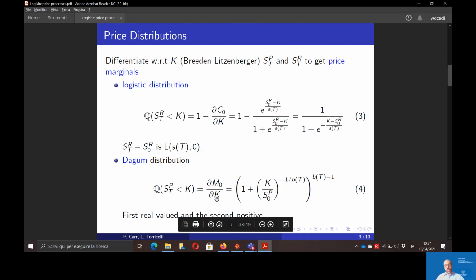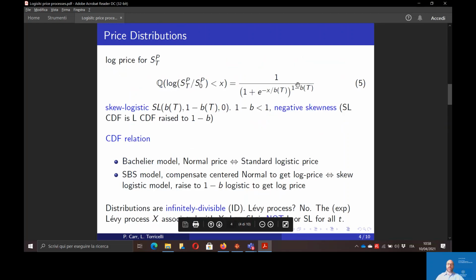For the positive price process coming from the merit put positive valuation equation, you have the so-called Dagum distribution, which after a log transform is seen to be nothing else than the skew logistic distribution. So another form of the logistic distribution with a distortion power appearing, which gives you the negative skewness. So these are the log returns of the positive price process coming from the merit put valuation.